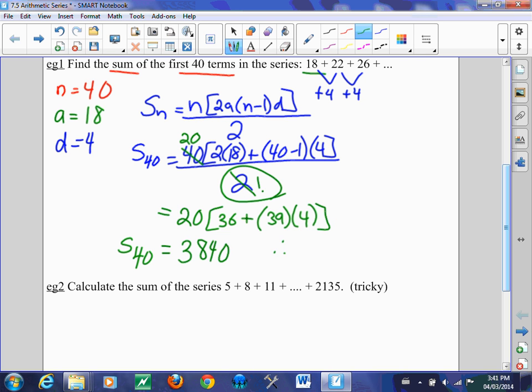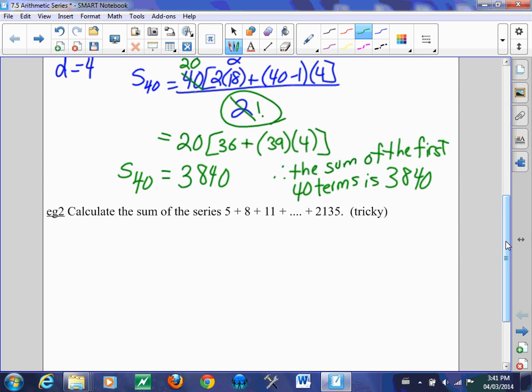So you say, therefore, the sum of the first 40 terms is 3,840.